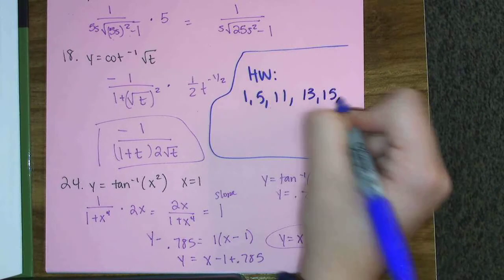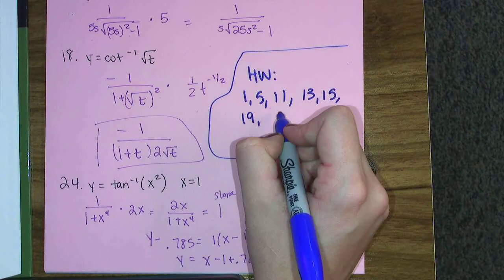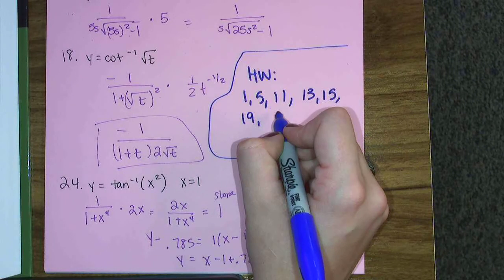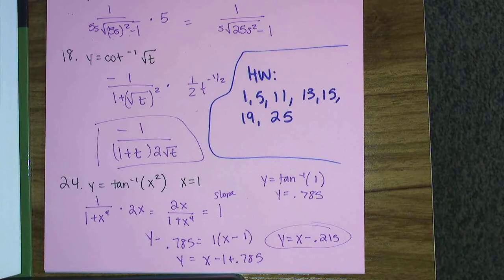I'm trying to give you a little bit of a variety here, so that's why I'm giving you a few more. 19 and 25. So I'm trying to get you one of each kind. Oh wait, no, I did add a cotangent one. Okay, I think you should have one of each of the trig functions there. So that way you can get used to using them.